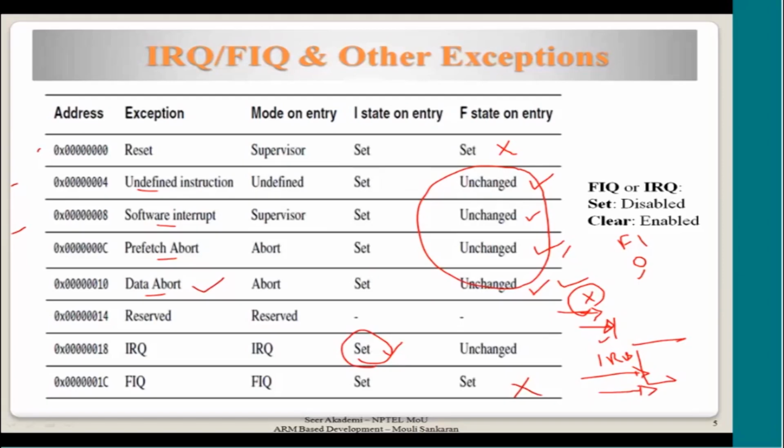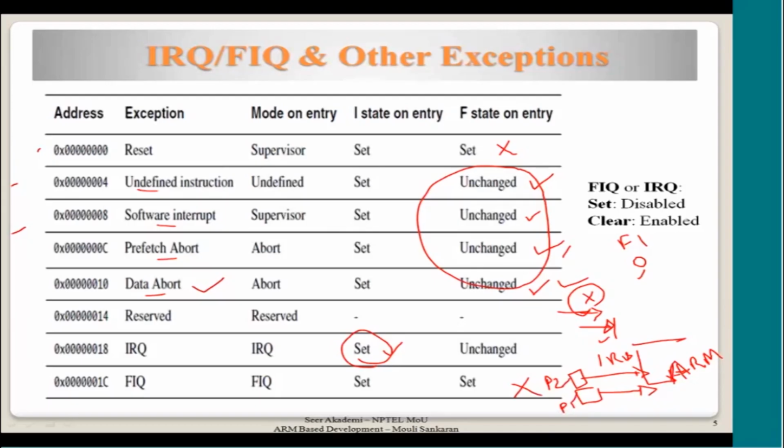That means if you think that there is one peripheral and another peripheral, maybe this is P1, P2, you should not think that only two peripherals can interrupt the ARM processor. That is not what ARM is designed for, nor would any microcontroller or processor be designed for handling only two interrupts or two peripherals.